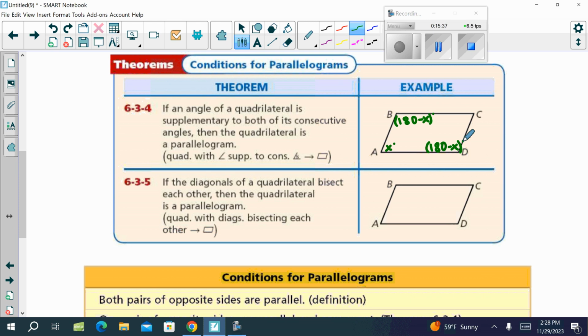So if you've got consecutive angles that are supplementary, parallelogram. And then lastly, if you have a quadrilateral that has diagonals drawn, and the diagonals are coded with bisecting marks, then you can say that's a parallelogram.